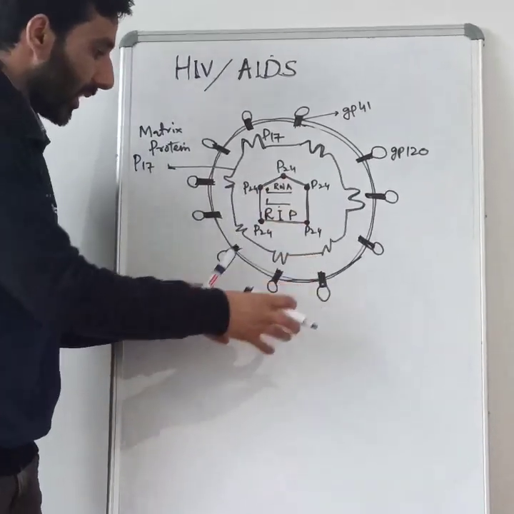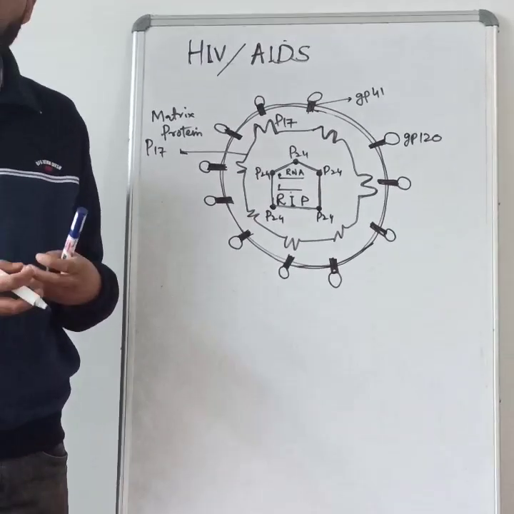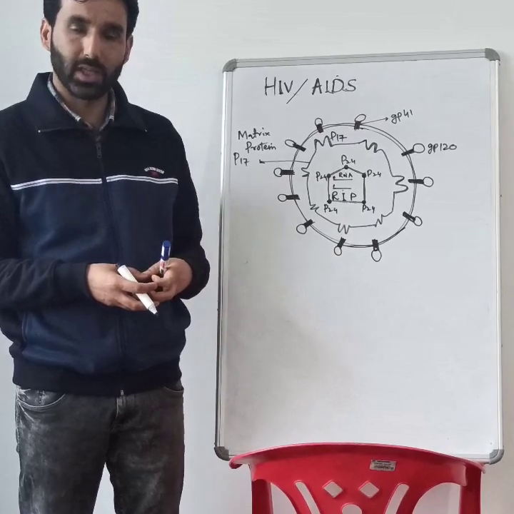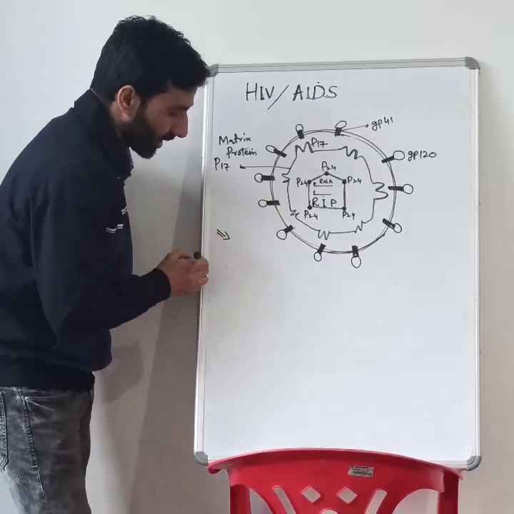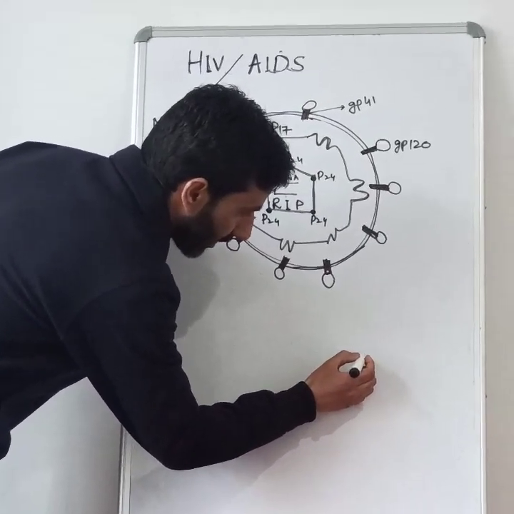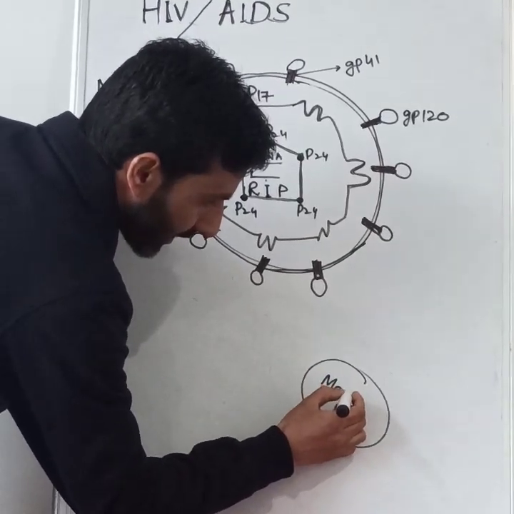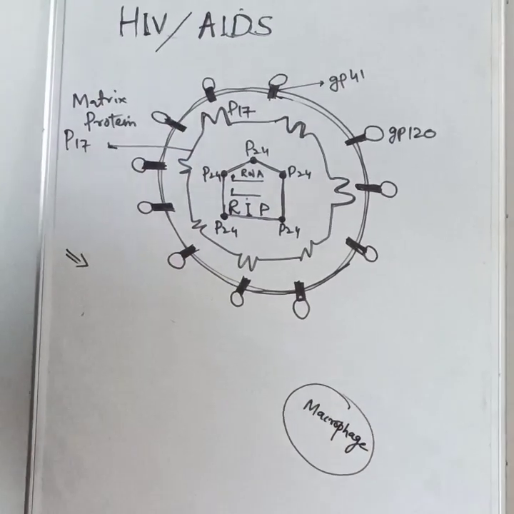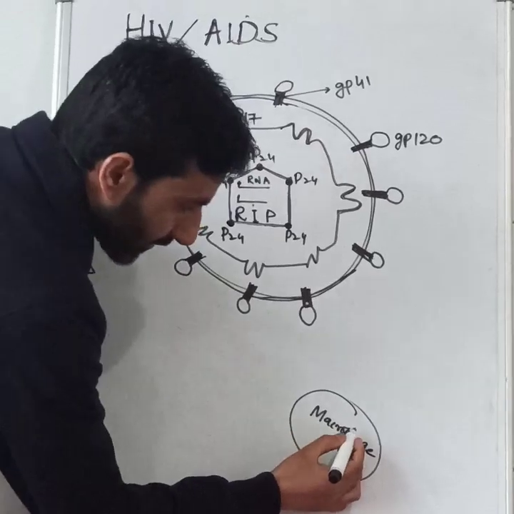Now let us see how the virus infects the host cells, how it attaches to the CD4 positive receptors. For example, let's make a macrophage. This is a macrophage. It is a CD4 positive cell.